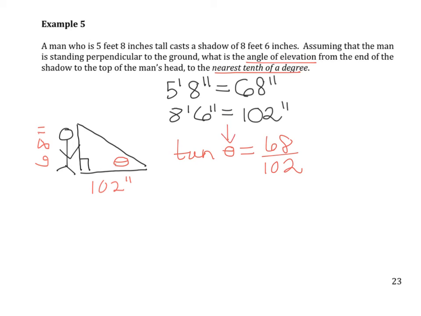Since I'm looking for the angle, I'm going to have to use the inverse function using the ratio 68 over 102, hence solving for the angle measure. And don't forget, you have to round to the nearest tenth of a degree.